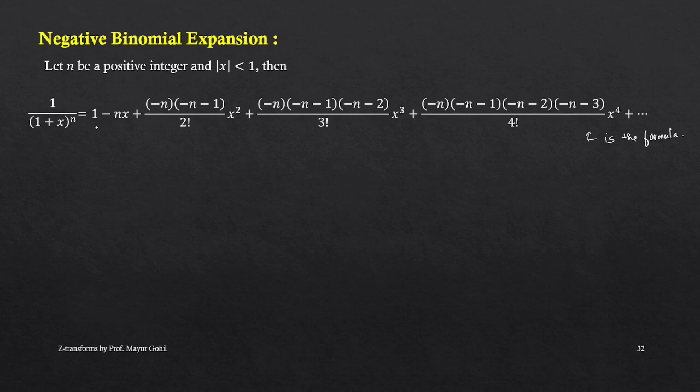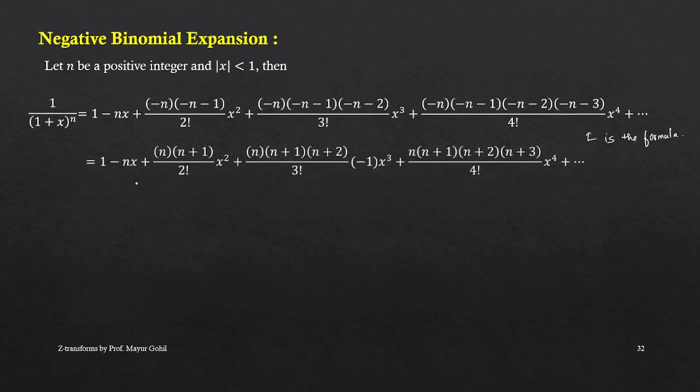In the first step there is 1, not a problem. In the second step there is minus nx, that's also okay. In the third part, in the coefficient of x square, what do we see? There is minus n, there is minus n minus 1. So we can take those minuses common and multiply together, so the entire coefficient becomes positive.